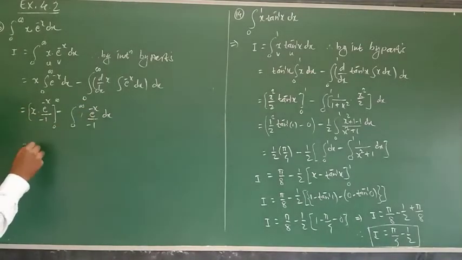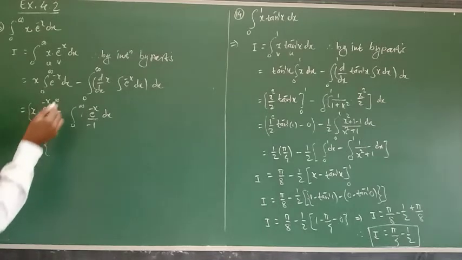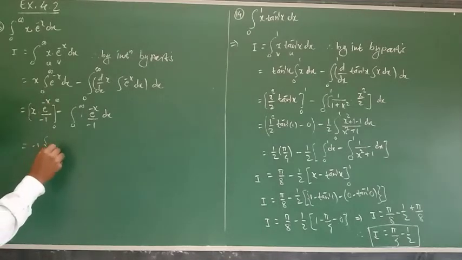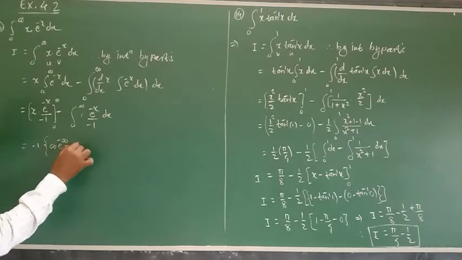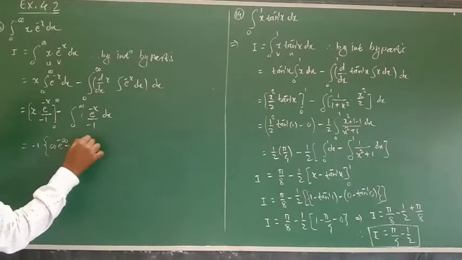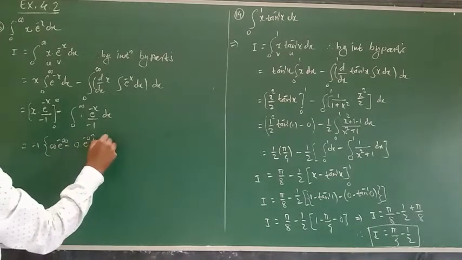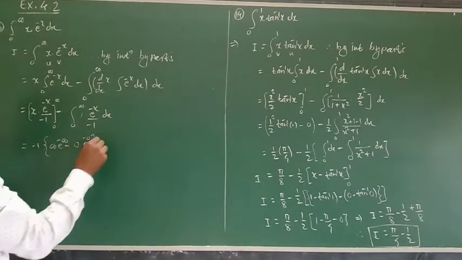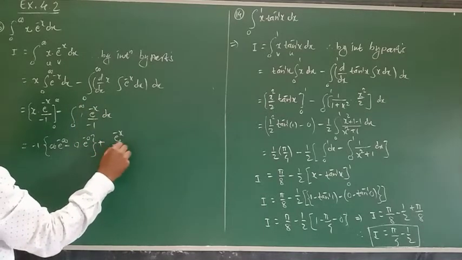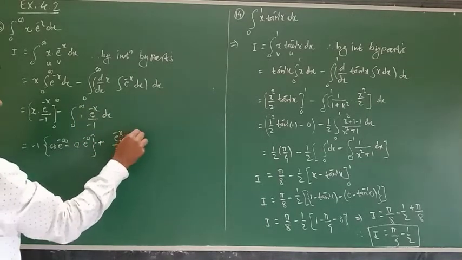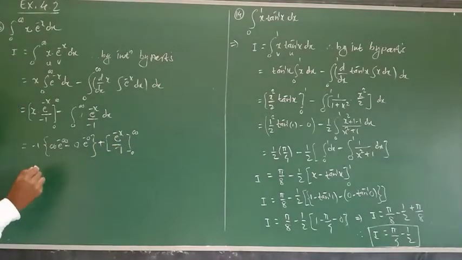So its value is minus 1 as it is. Upper limit minus lower limit: infinity times e raised to minus infinity minus 0 times e raised to 0, plus the integration of e raised to minus x, which is e raised to minus x upon minus 1, from 0 to infinity.